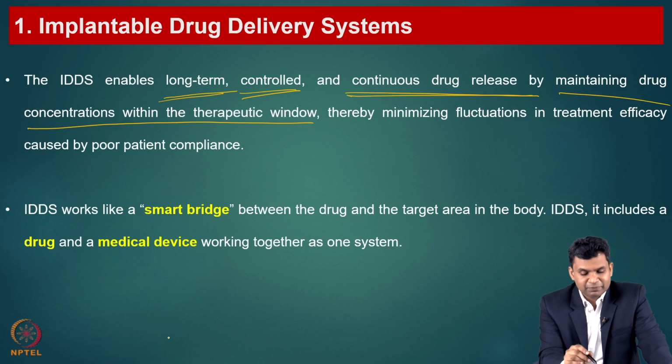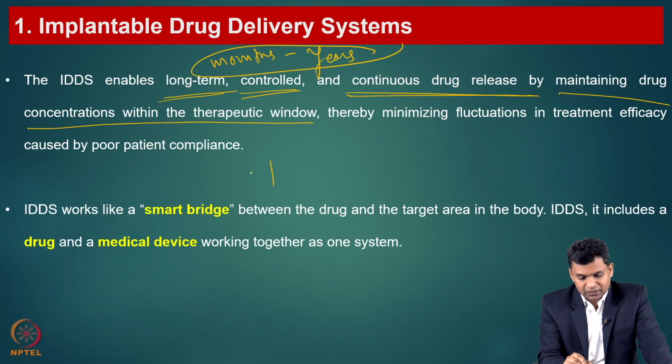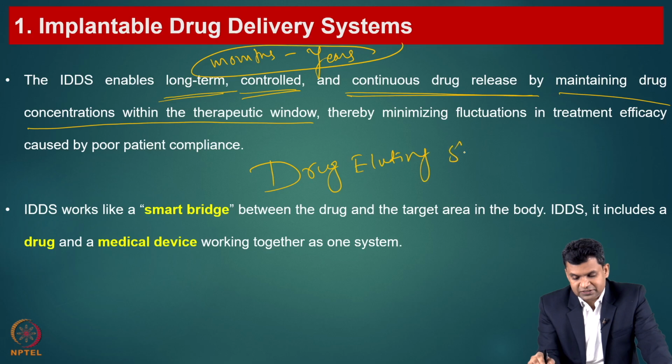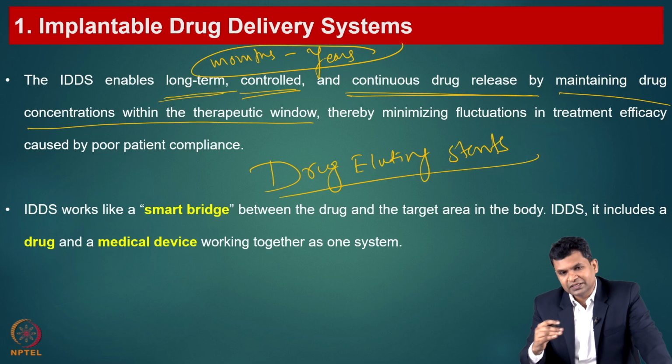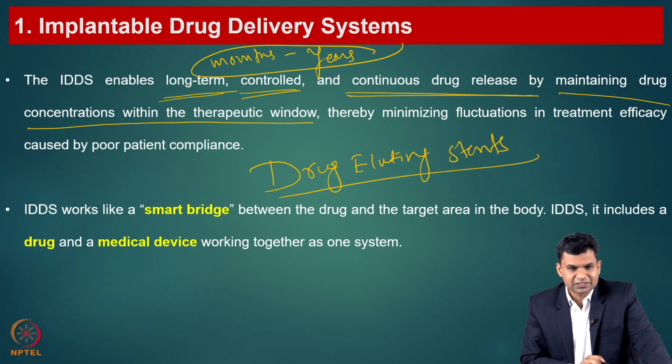These can be used for months to years. For example, drug eluting stents can be used for years, slowly releasing the drug, which will control the formation of cholesterol or atherosclerosis in the blood.